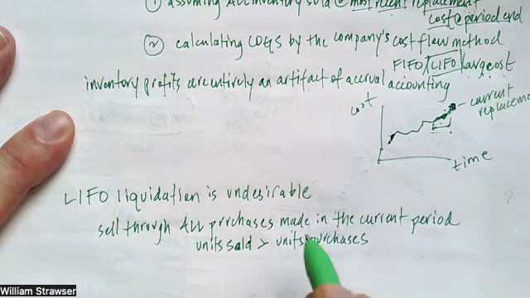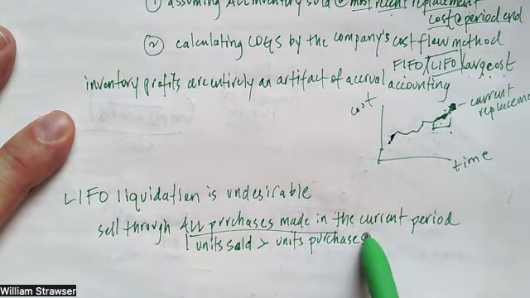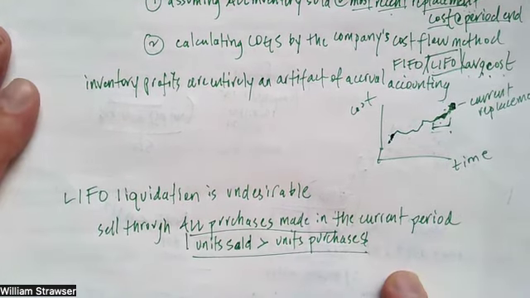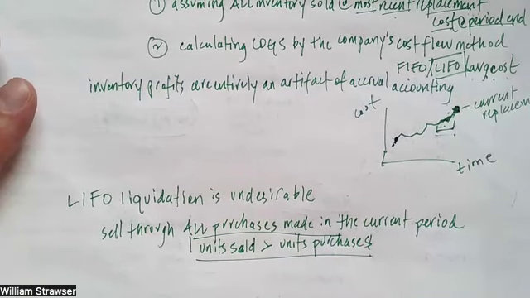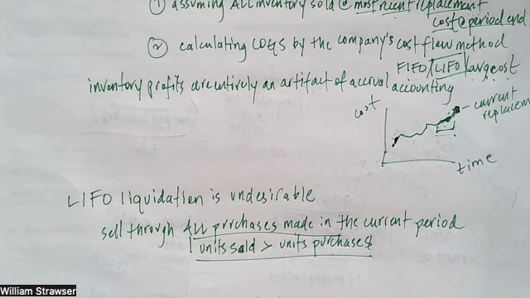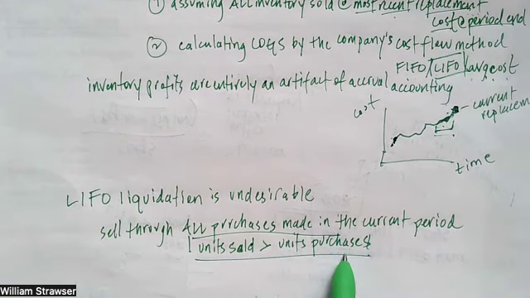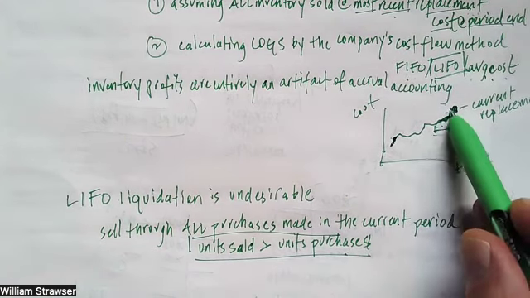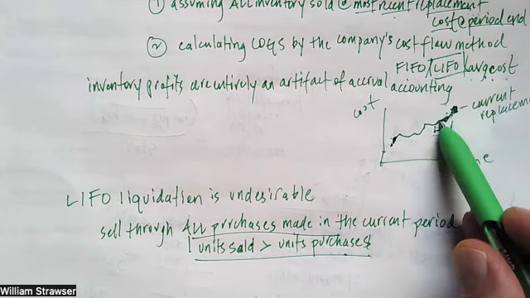And this is just for the period that we're in. When this happens, I have to start going into the purchases that I made in prior periods. So basically, I'm starting to dip into my beginning inventory rather than selling recent purchases, which under LIFO tend to be higher costs up here.